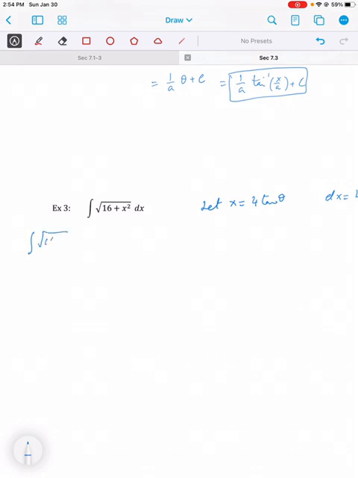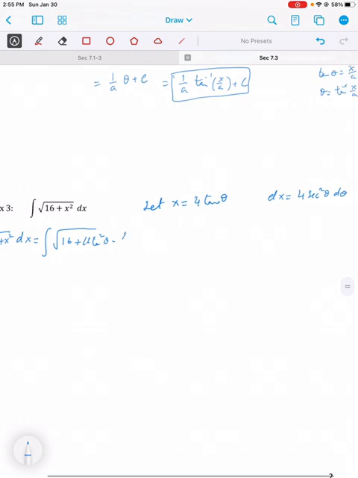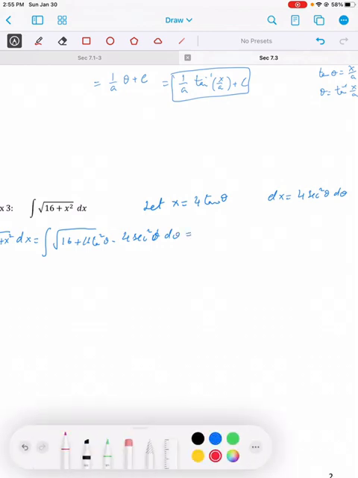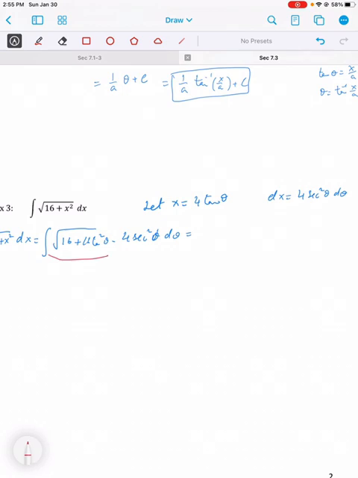Coming here, substituting, so we get the square root of 16 plus 16 tangent squared theta times 4 secant squared theta d theta. So notice here, this quantity here gives you 4 secant theta.